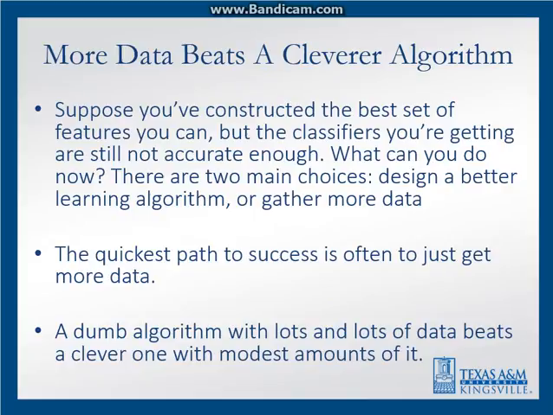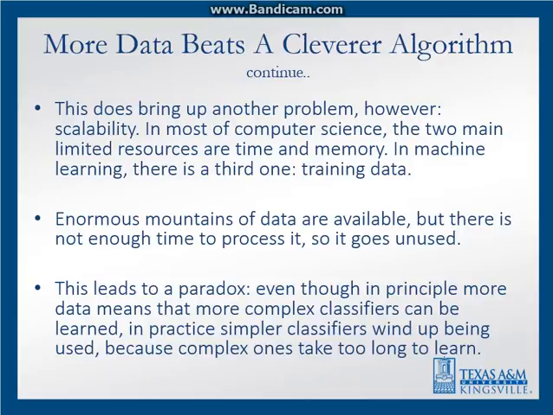A dumb algorithm with lots and lots of data beats a clever one with modest amounts of it. As we see, more data beats a clever algorithm. So more data is more helpful in learning.